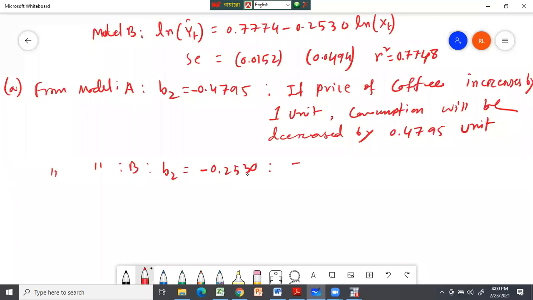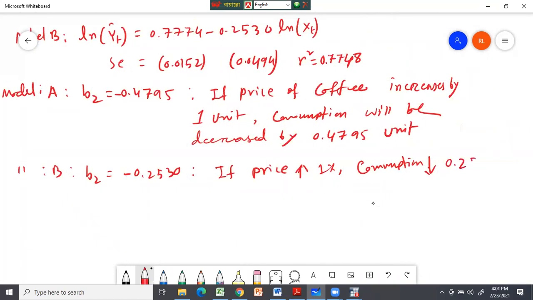So its explanation is, if price of coffee goes up by, for my ease of writing I have just used the up sign, which means the price increases by 1 percentage point, consumption decreases by 0.2530 percent, because this is the log linear model that incorporates the elasticity, which shows the relative or percentage change in the dependent variable Y due to the percentage change in the independent or explanatory variable. So the first one, I think it's clear to everyone.